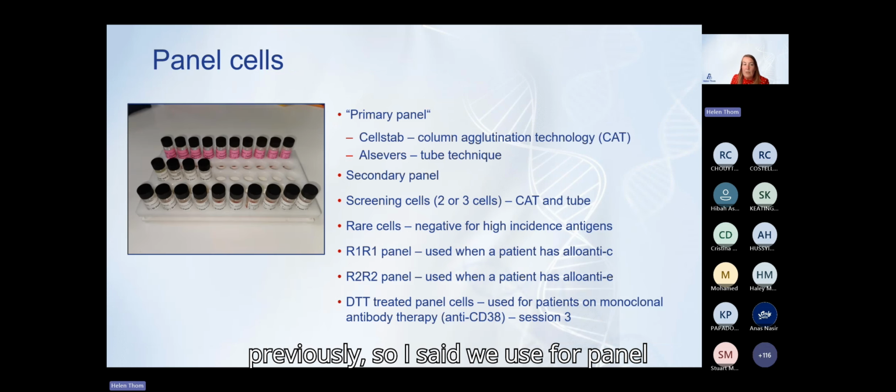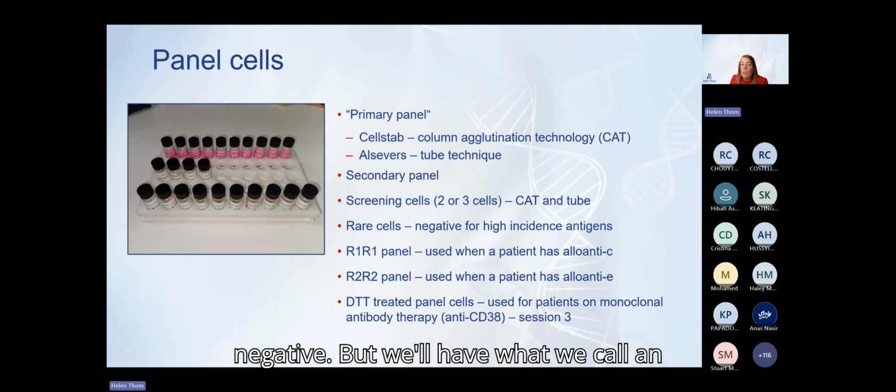But remember previously, I said we use panel cells, and these are made up in a particular way. You've got your primary panel. You might have that in CellStab, or you could even have it in Elsevers if you do tube techniques in your laboratory. A lot of you will have your secondary panels as well. You've got your screening cells that you may be able to use. What RCI have is a rare cell panel that you can use for your high incidence negative.